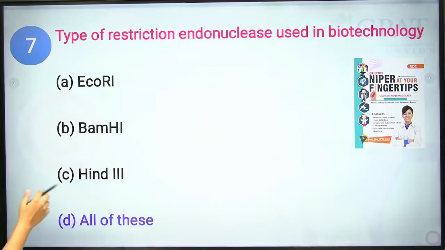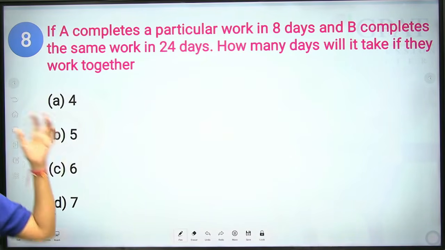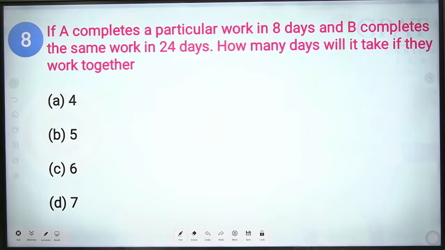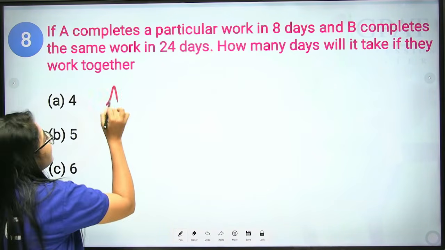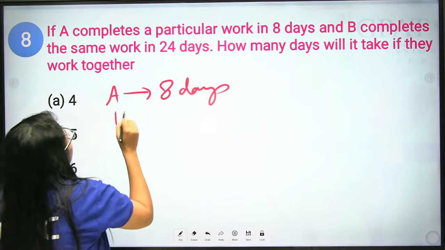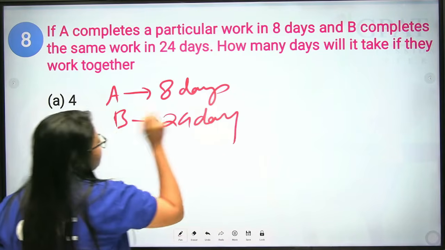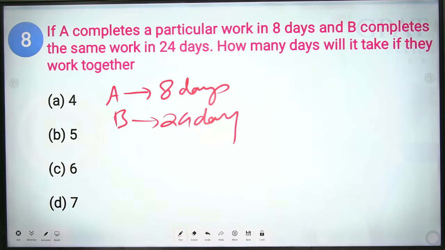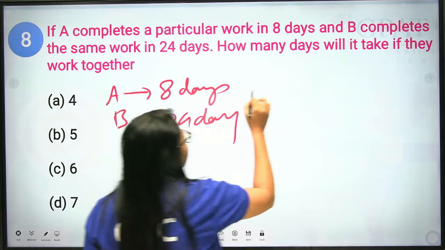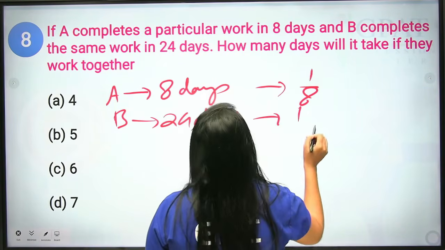Now, let's move on to our next question. We have solved questions of this pattern earlier also. If A completes a particular work in 8 days, and B completes the same work in 24 days, we need to calculate how much they do in 1 day. So it will be 1 upon 8 and 1 upon 24.